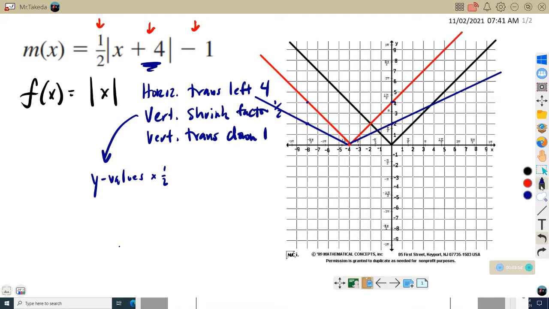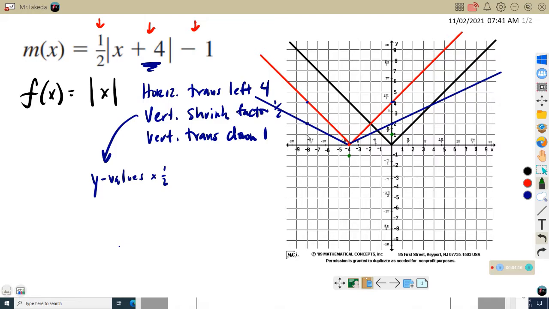And a vertical translation down 1 unit. That's pretty easy to accomplish, I think. I'm going to take those 3 points and move them down 1 unit. So 0 becomes -1, and where y is 2 becomes 1. I'm just subtracting here.